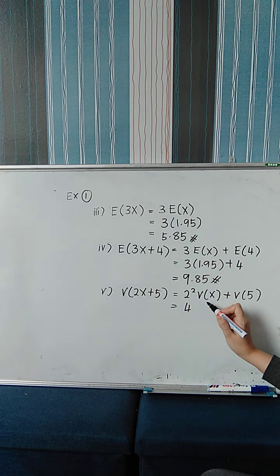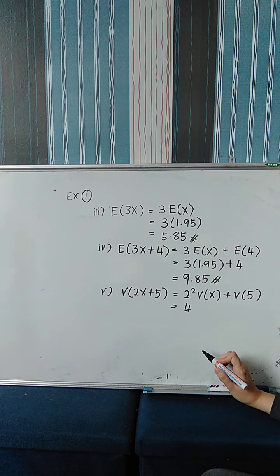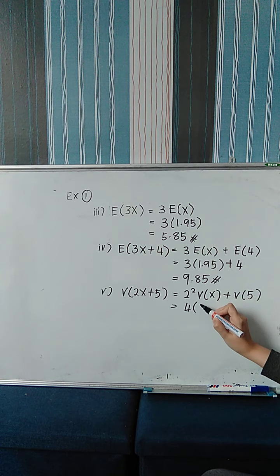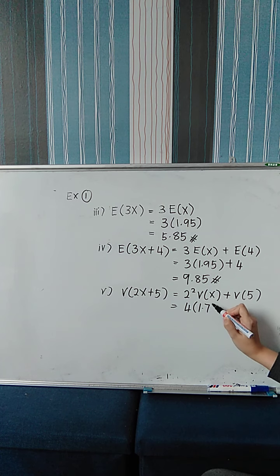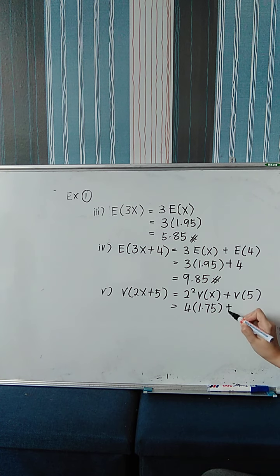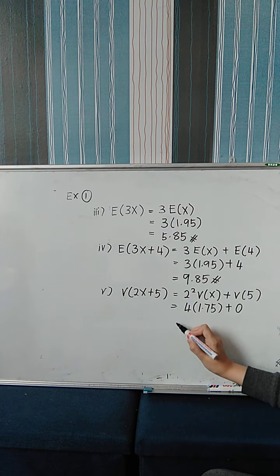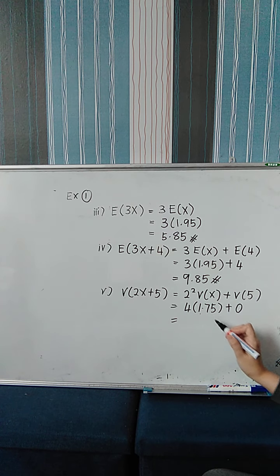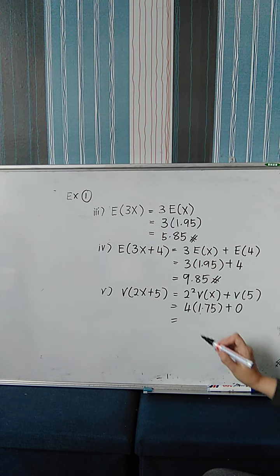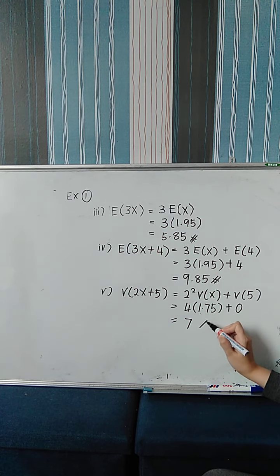Variance x, you already calculated in number 2, your answer for variance x is 1.75. Plus variance 5, variance of a value, the answer is 0. So 4 times 1.75 only, the final answer is 7.